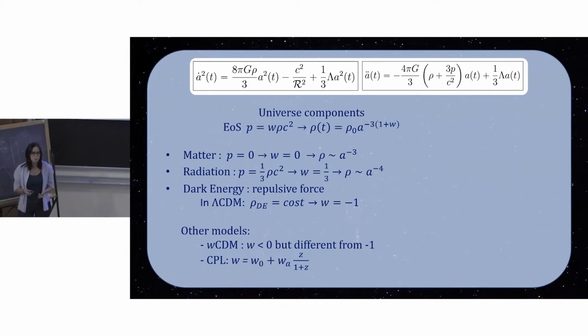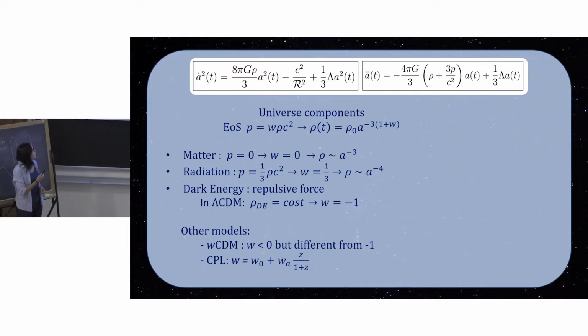So the components that we can have are the pressureless matter, for which W is 0, and so its density goes with the scale factor to the -3, which is what we expect. I mean, as the volume of the universe is increasing, the density goes down. We can have radiation, which has a W of 1/3, and so the decline is a bit faster.